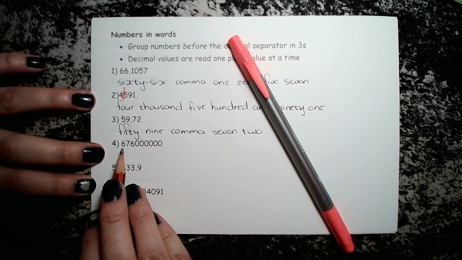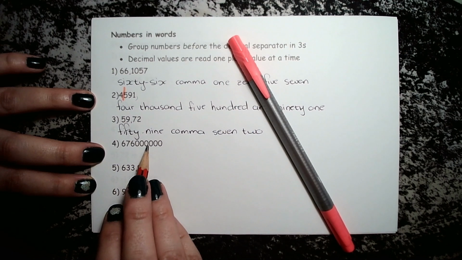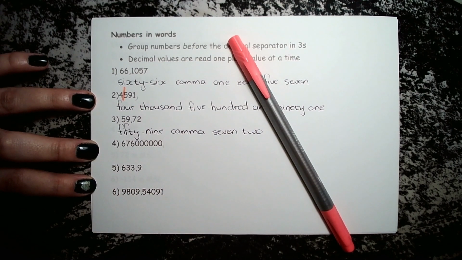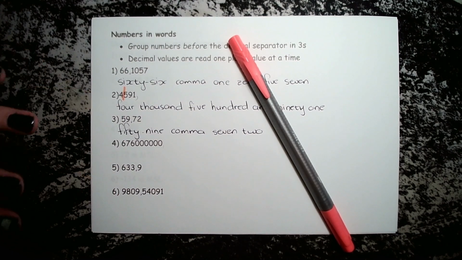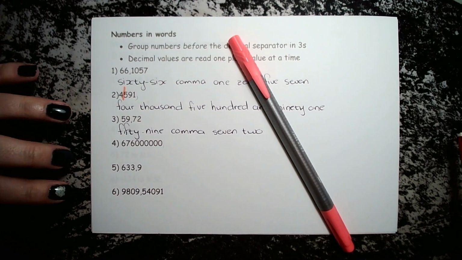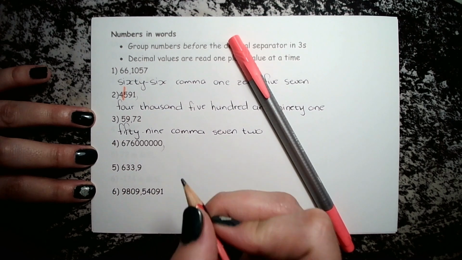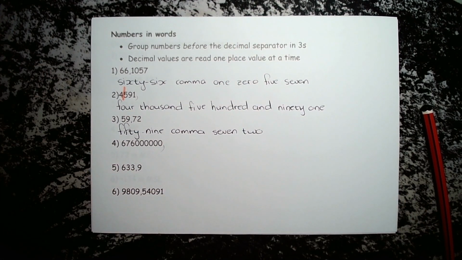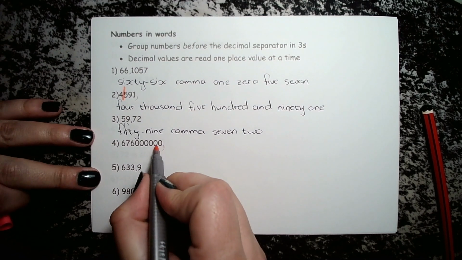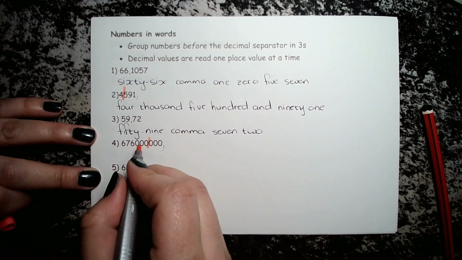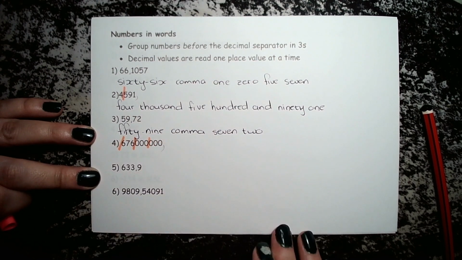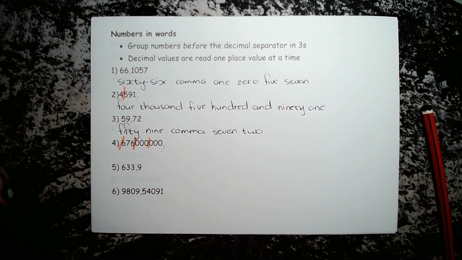Our next number, number 4, here the color pens, pencils, whatever you're using will come in handy, because this number is a very large number, 676,000,000. So we can put our comma there. You don't have to write your comma there. If it helps you to visualize it, by all means, go ahead. So our comma would be at the end of that number. And now we group them in threes backwards. 1, 2, 3. 1, 2, 3. 1, 2, 3. Those are our 3 groupings.